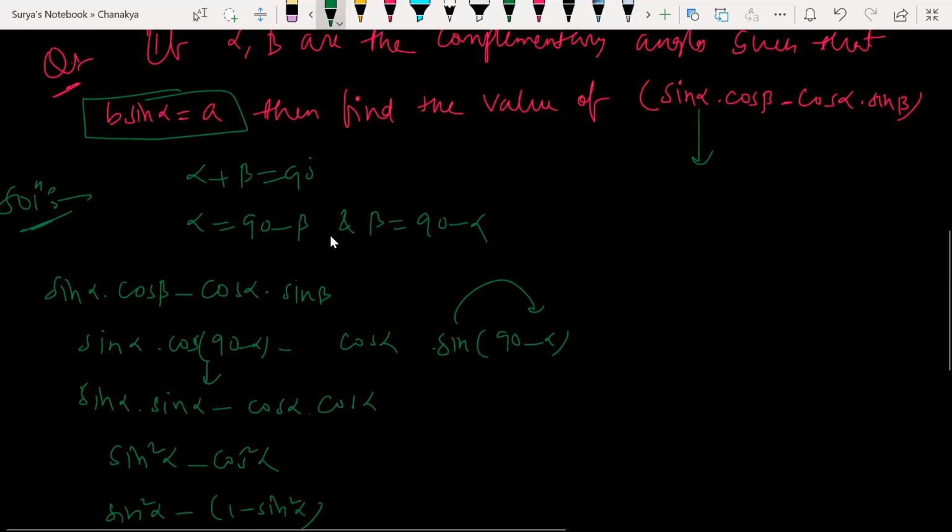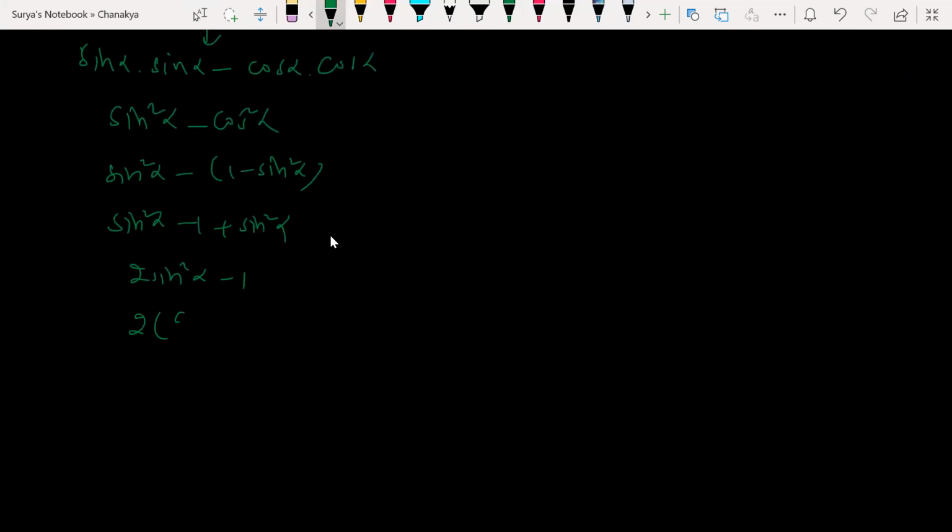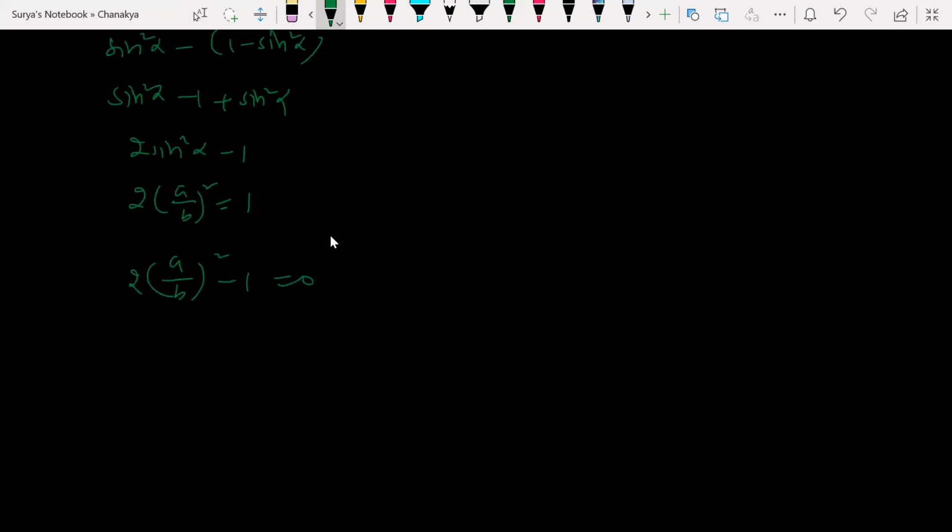Now what he has given, look at this, sine alpha is nothing but what here? A by B. Substitute here. So 2A square by B square minus 1 is equal to 0. So 2A square by B square equal to 1, sir.